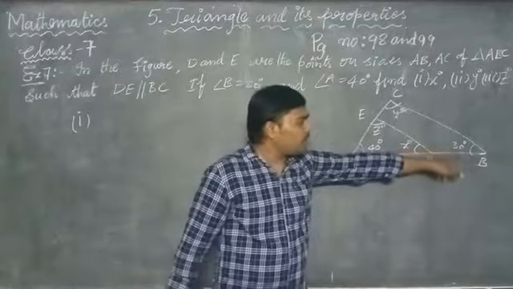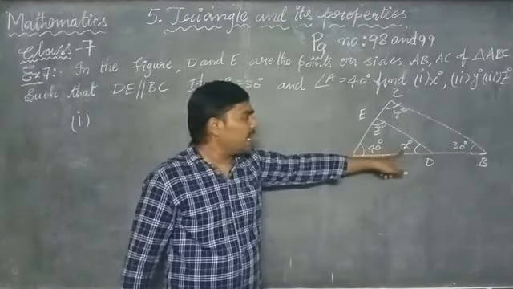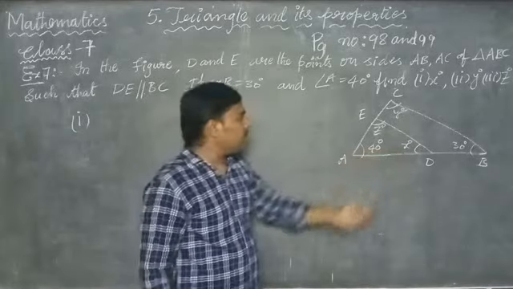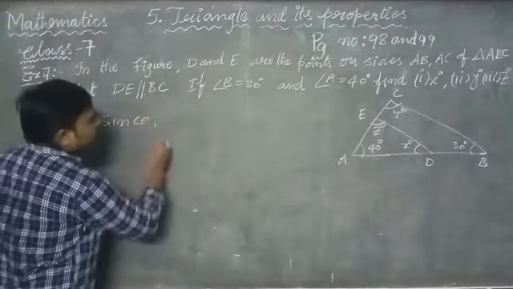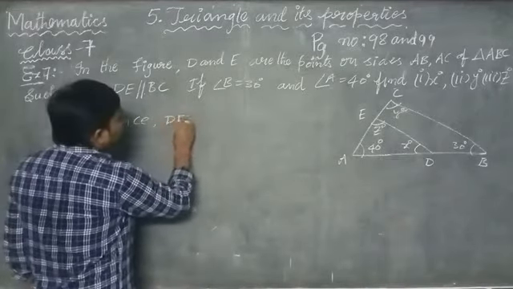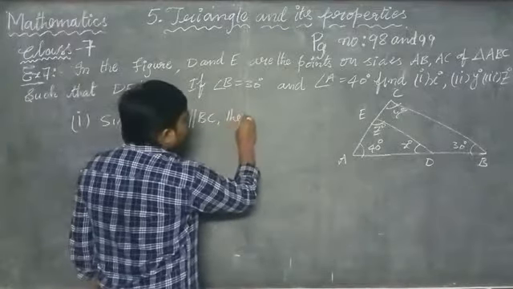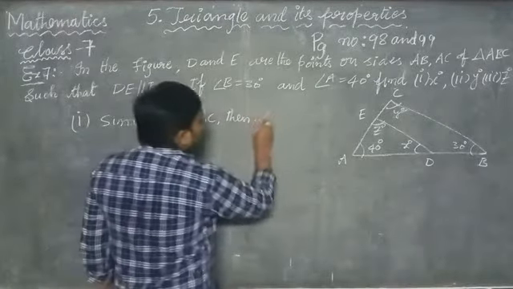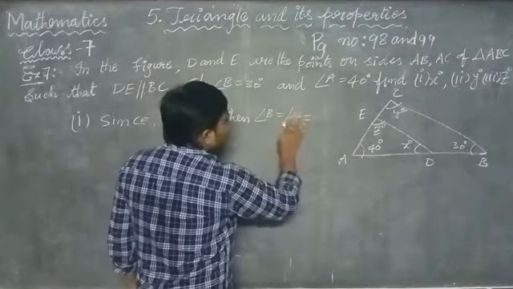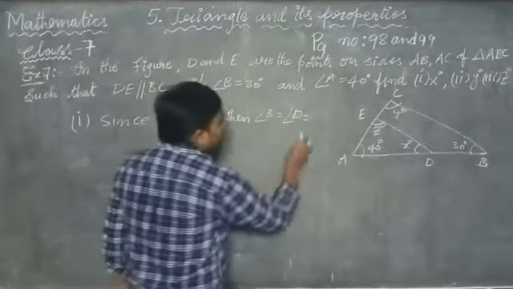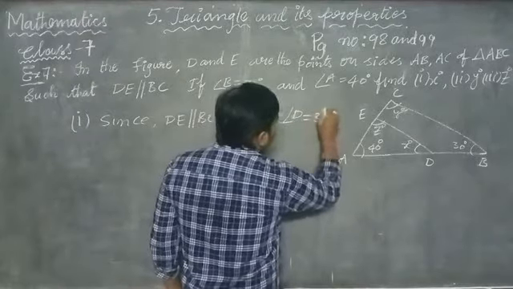Here, angle B equals 30 degrees, so the corresponding angle is x degrees. Since DE is parallel to BC, angle B equals angle D equals 30 degrees.